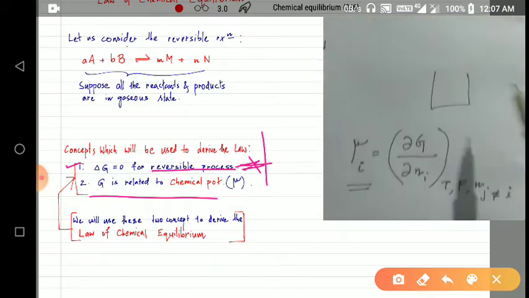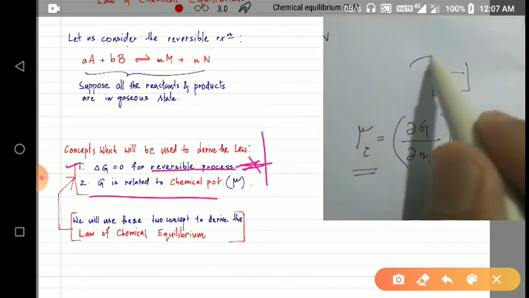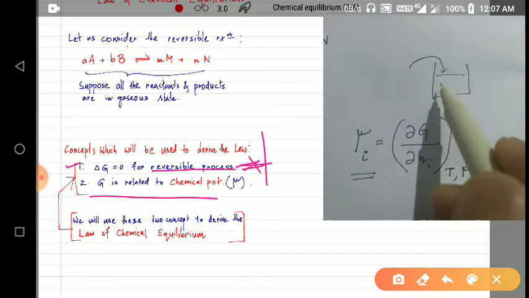Okay, let's suppose this is a beaker, and here A and B are present.